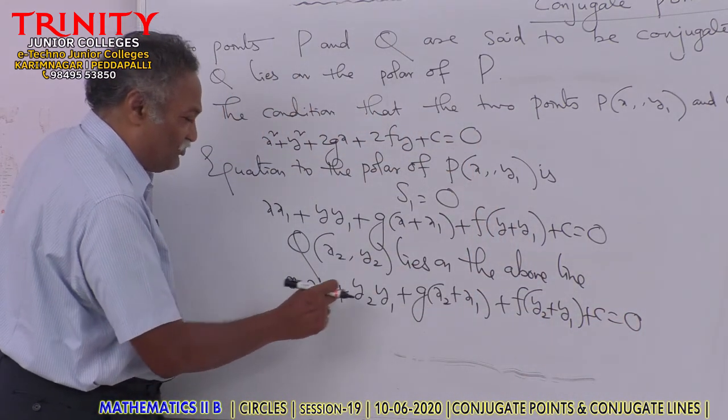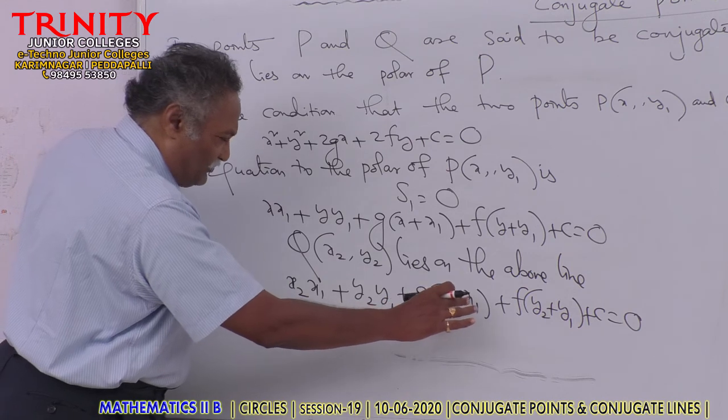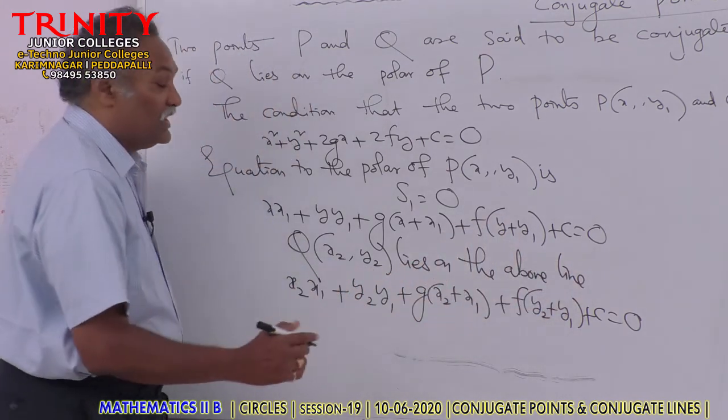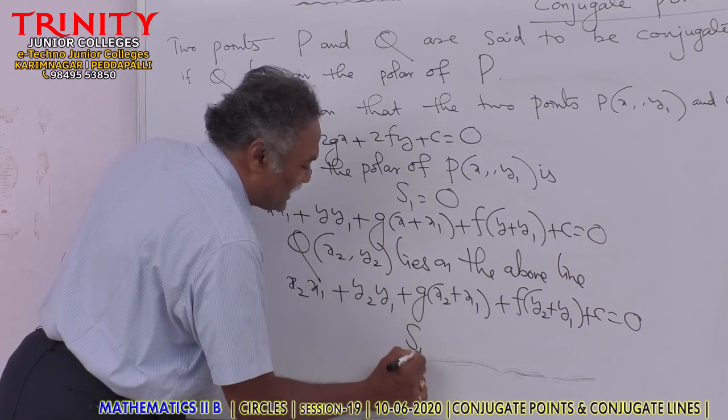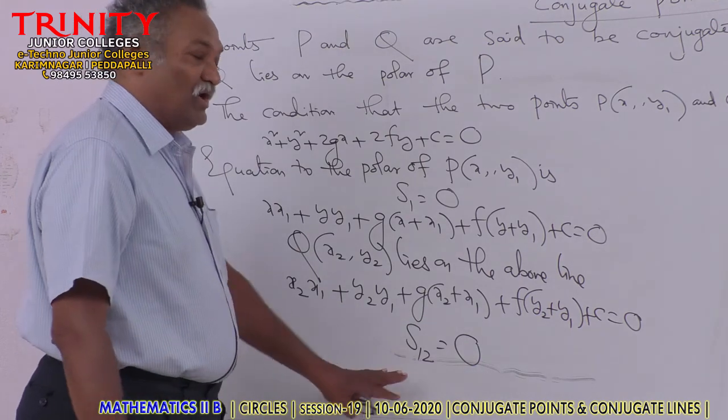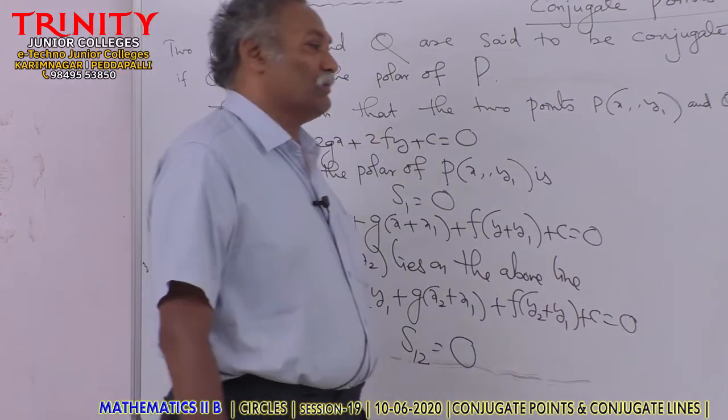See here, x1 x2 plus y1 y2 plus g of x1 plus x2 plus f of y1 plus y2 plus c is equal to 0. That equals S12 equals 0. It is the required condition.